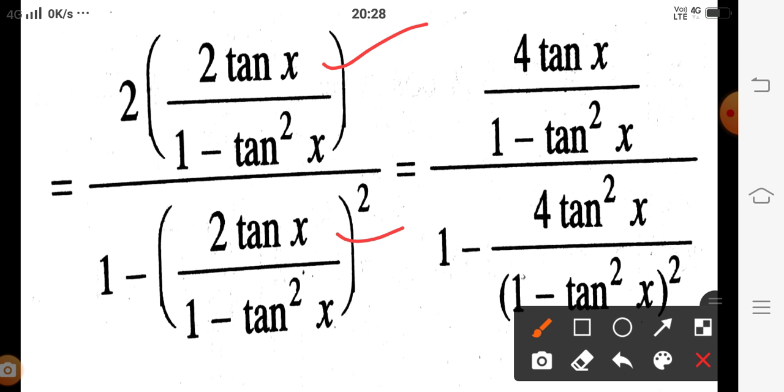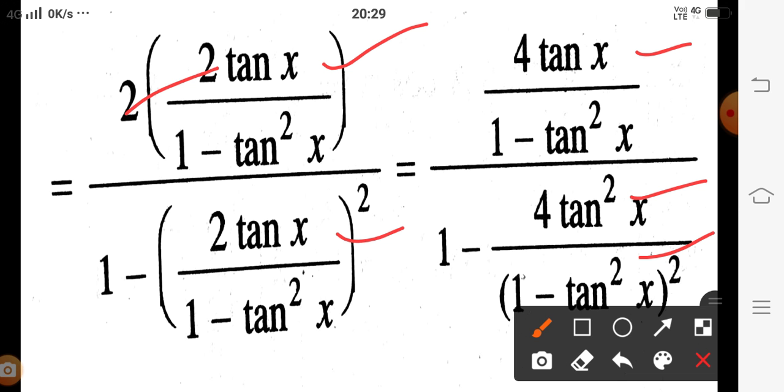And on solving these, 2 into 2 we get 4, and in the denominator if we make the square, we get 4 tan square x upon 1 minus tan square x whole square.